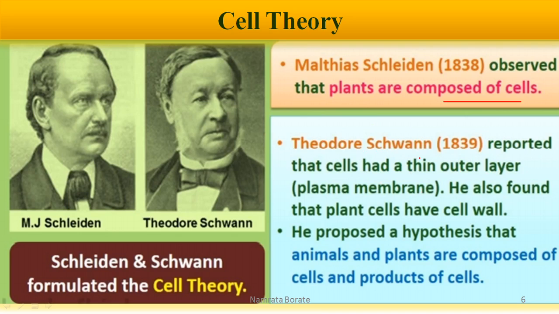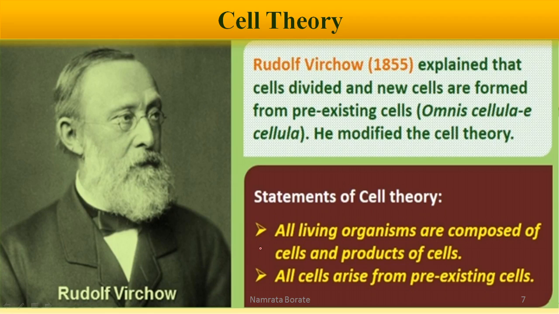Schwann in 1839 reported that the cell had a thin outer layer. That thin outer layer is called the plasma membrane. He also found that plant cells have the cell wall. He proposed the hypothesis that the plants and animals are composed of cells and products of cells.